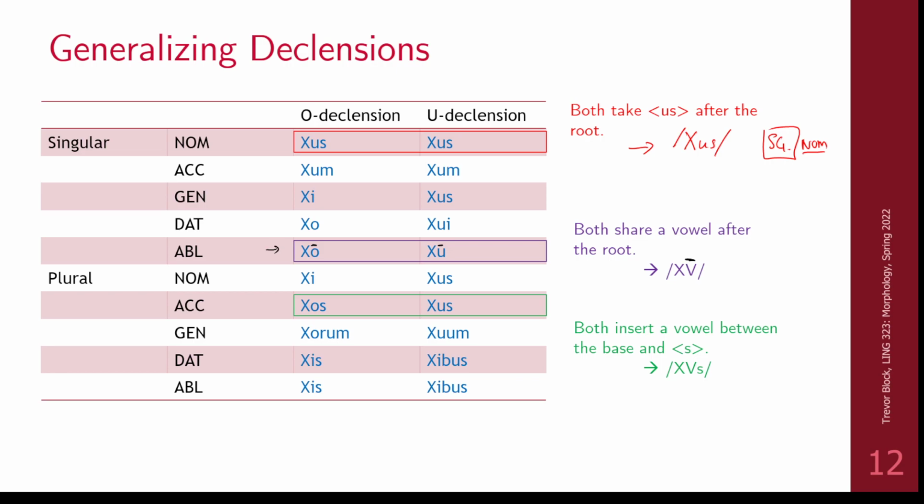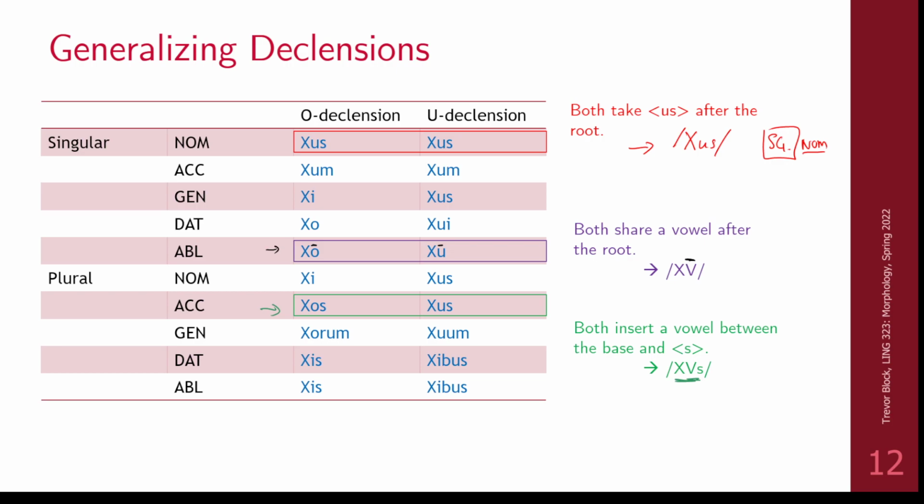So maybe that's where it came from. And if we take a look at the plural accusative, I shouldn't say finally because these aren't all the examples, these are just the ones I want to point out. These have similarities in that they add a vowel, either O or U, we don't know which one, but then there's an S after. So we can do this hybrid rule where we use variables and the letters themselves, just like we've done before, but now we're generalizing.